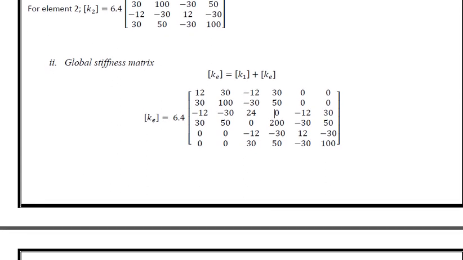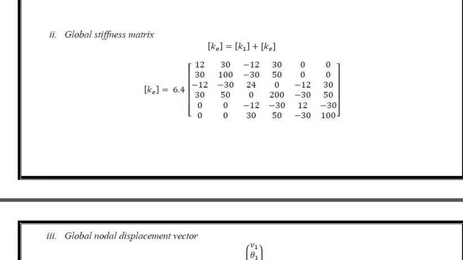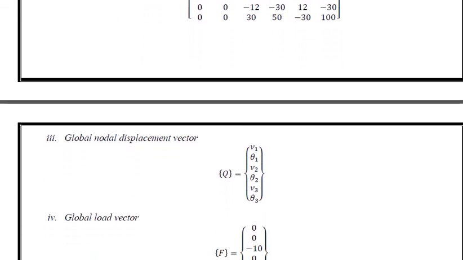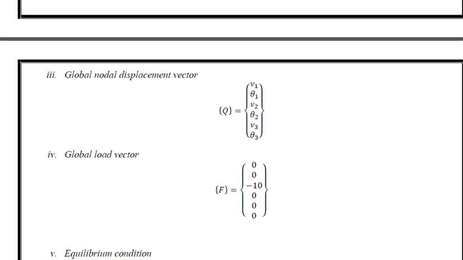There is no UDL. Since there is no UDL, no need to calculate the separate load vector for UDL. Now this is the global displacement vector. As I told, there are 6 degrees of freedom. That is why there will be V1 theta 1, V2 theta 2, V3 and theta 3. So now coming to the load vector, we can write the global load vector directly because there is no UDL or UVL.